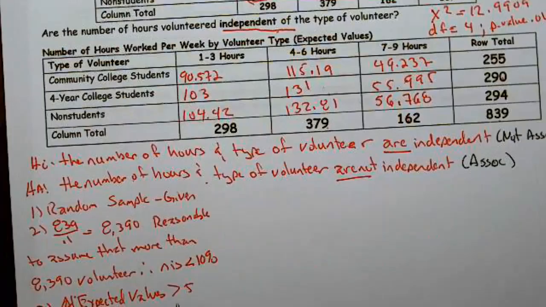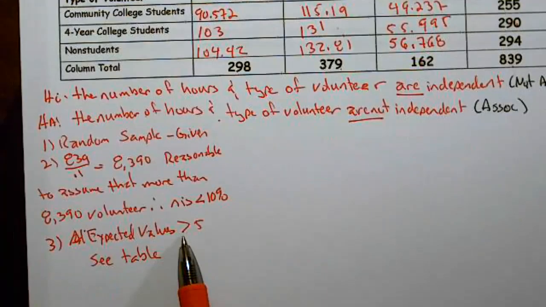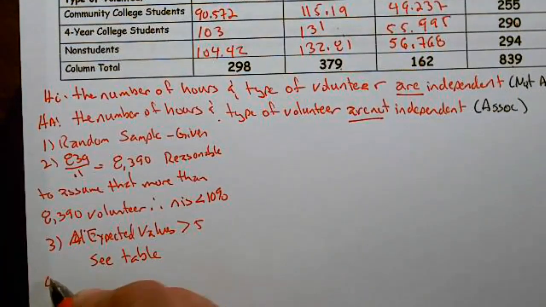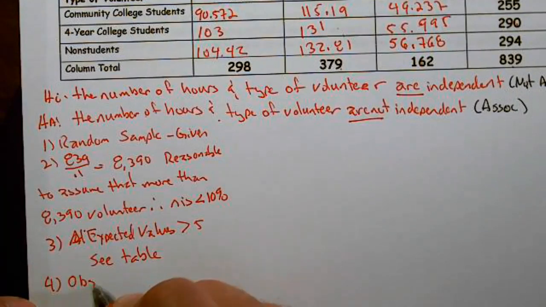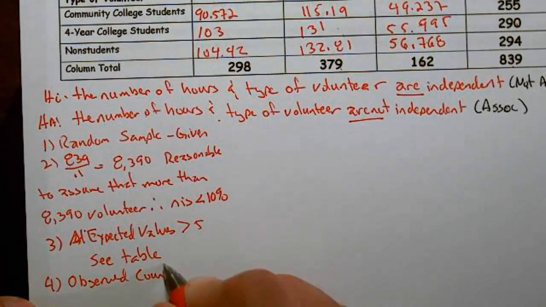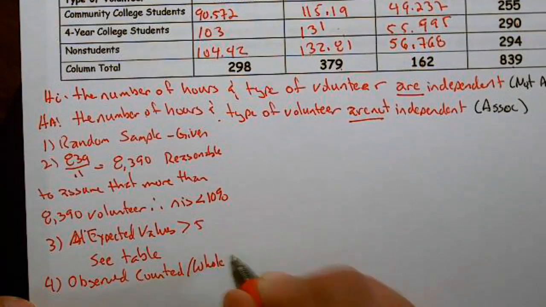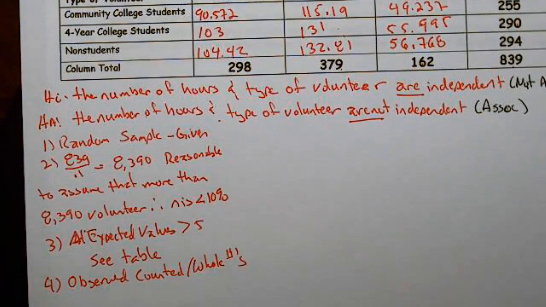So expected value is greater than 5, see table. Awesome. Number 4, observed is counted data. Counted, whole numbers. All right. So we've done that.